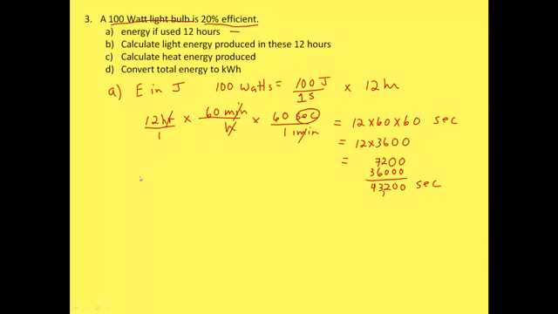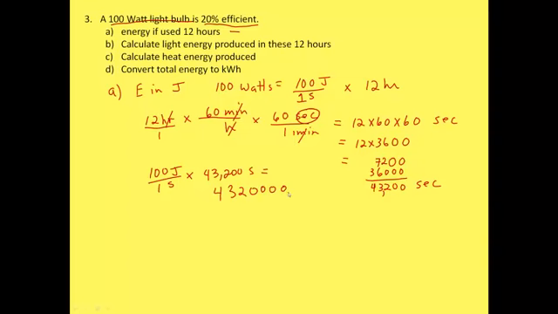So now we just have to go back and multiply 100 joules for every 1 second times 43,200 seconds. And that's going to give us a total of 4,320,000.